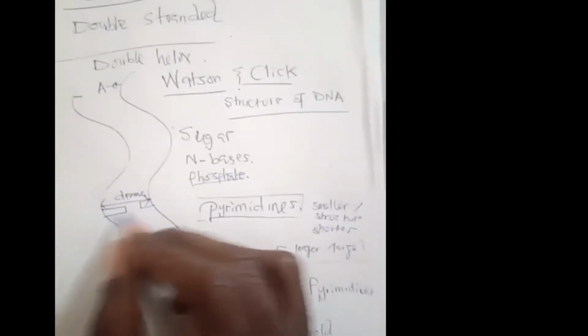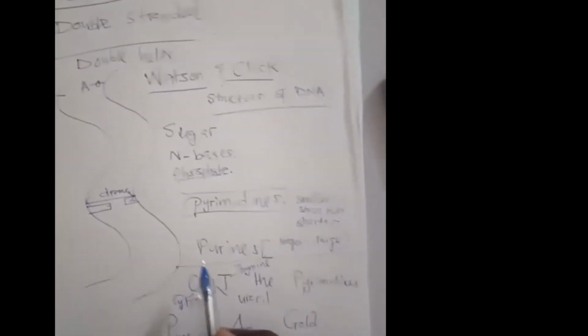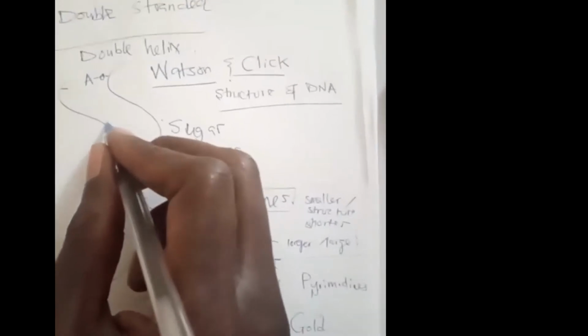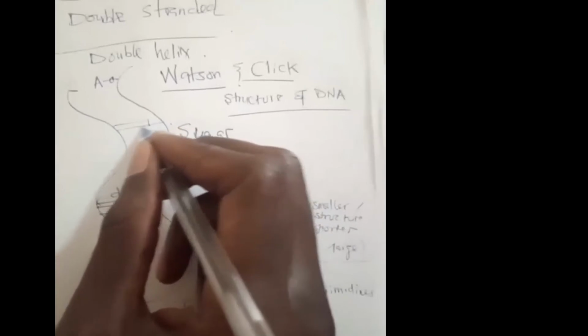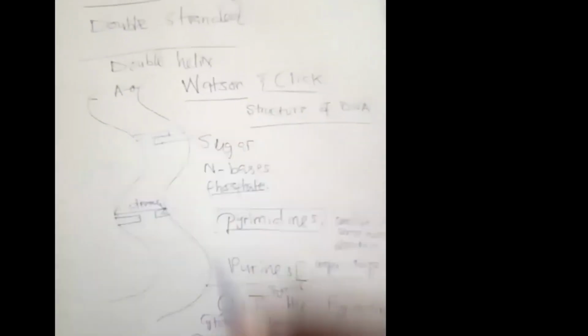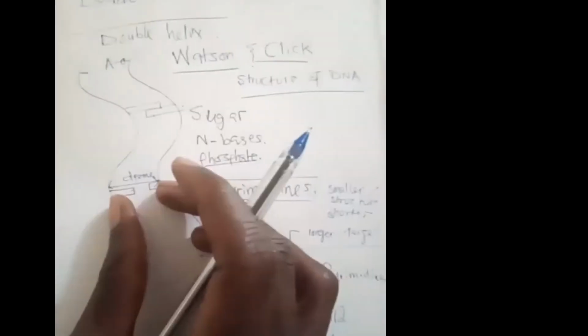They are not fitting in the diameter. So which combination should we have? And if we use purines, which are very large, they will still not fit in the diameter because it will be so large that the other one won't fit. And you don't want a situation where the two are overlapping. So you want them to fit exactly in the diameter of DNA.